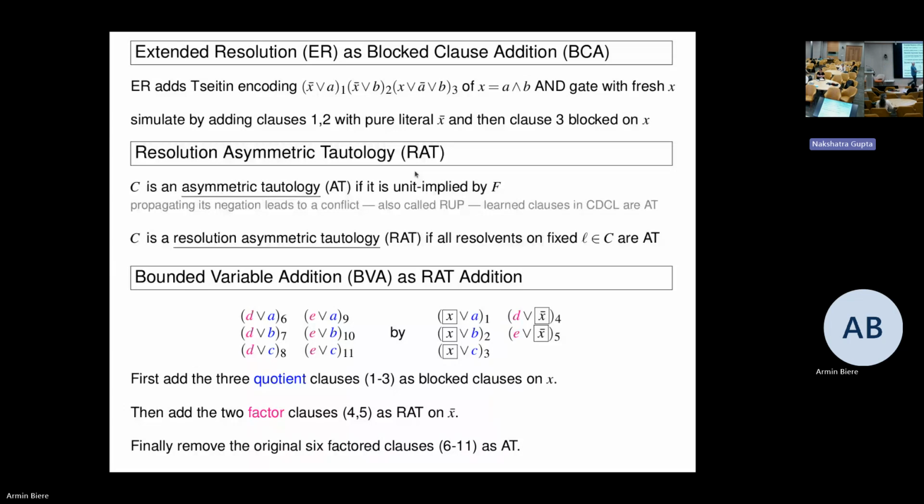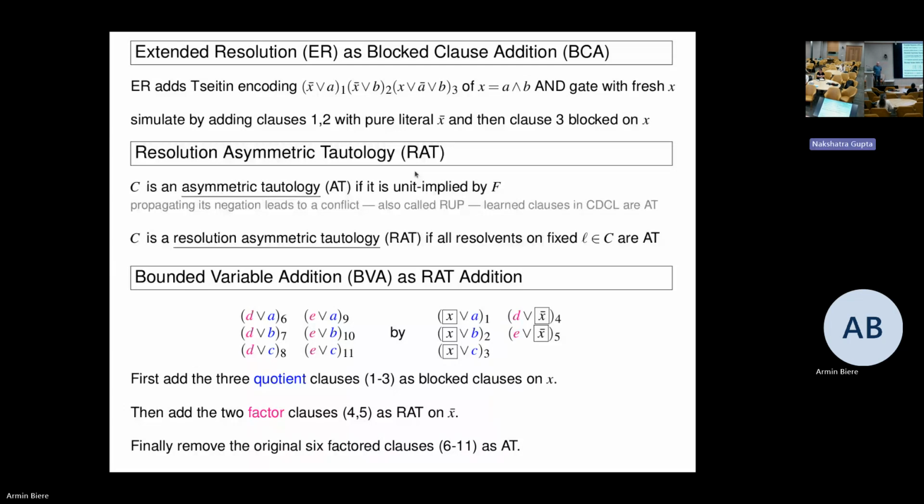And then this RAT is just the same as blocked clauses, except that you replace this tautology condition by the resolvent being unit implied by the formula. And this is what we have been using in the SAT competition since 2013.